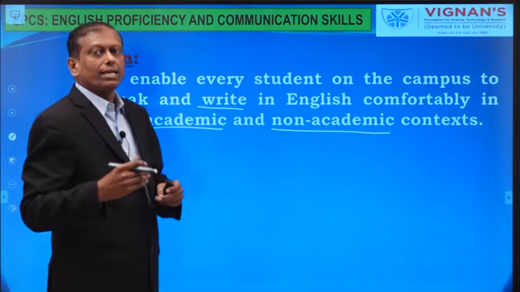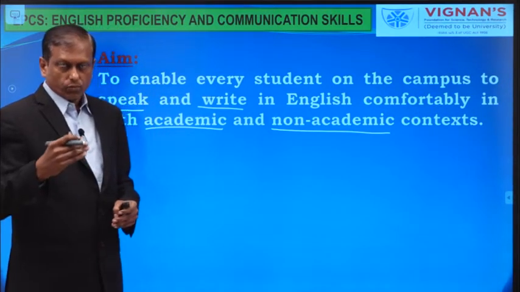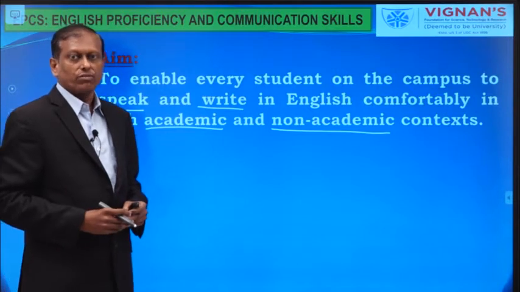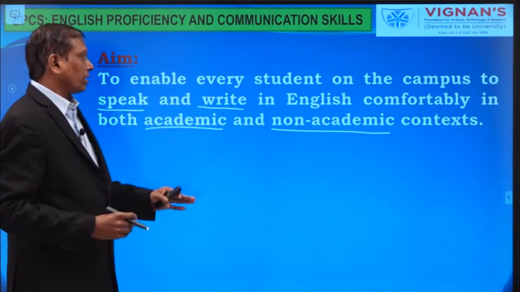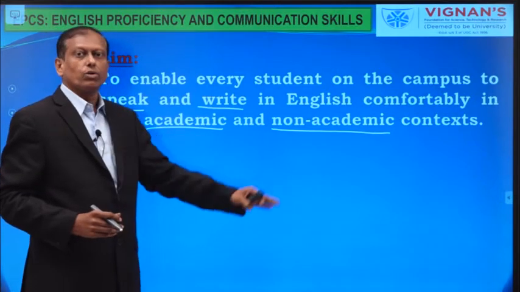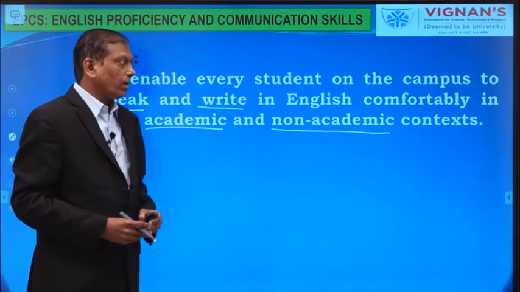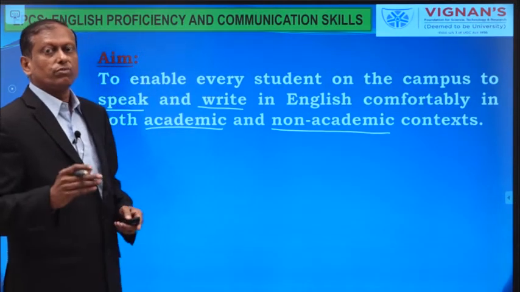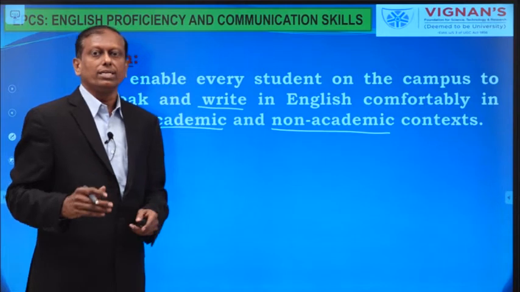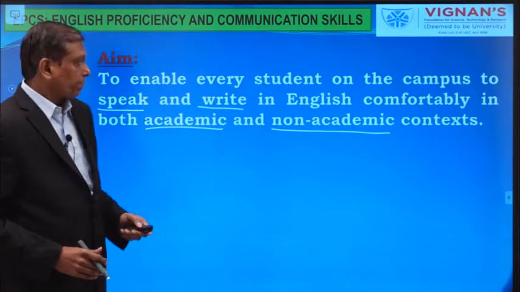And speaking and writing are something that we express, we deliver, we use the language to communicate. And academic context is a formal context, non-academic context is informal context in our day-to-day life. And in these contexts that we should be able to use English properly, accurately, fluently.